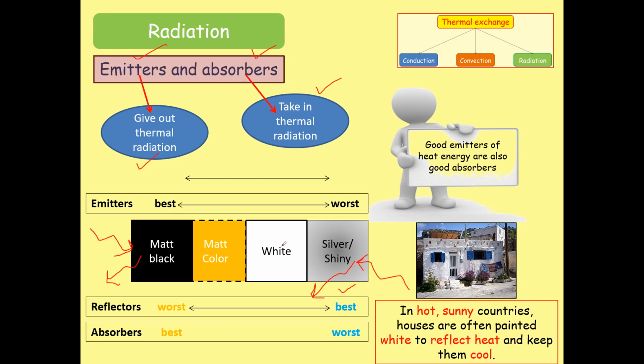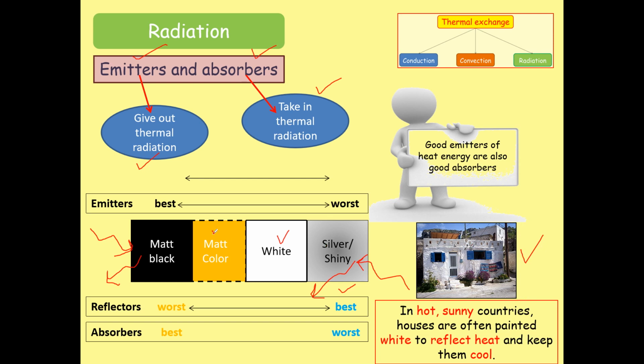In a similar way, white is a good reflector. That is why in places which are hot, white paint is preferred on the exterior, so that it reflects most of the energy and keeps the houses cool.